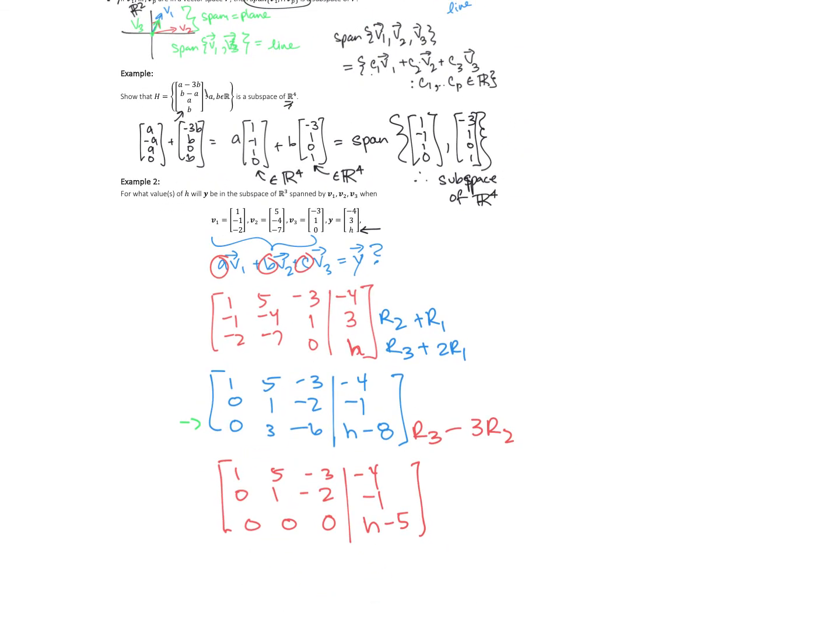Now I don't need to go any further with this because I've already gotten down to a state where this is telling me everything I need to know, right? In order for this to be a consistent system, I need h minus 5 to equal 0, because if h minus 5 equals anything other than 0, it's inconsistent.